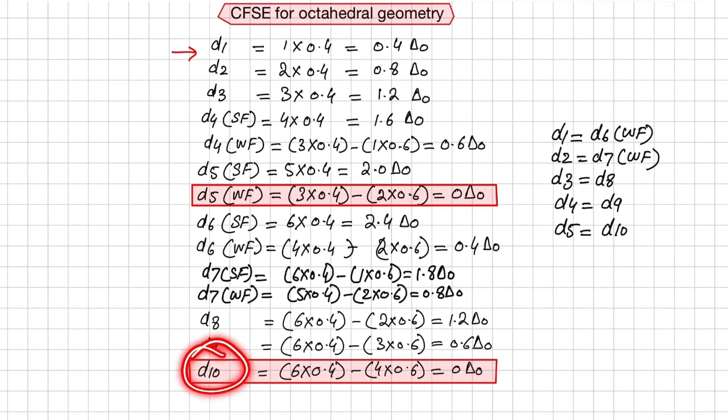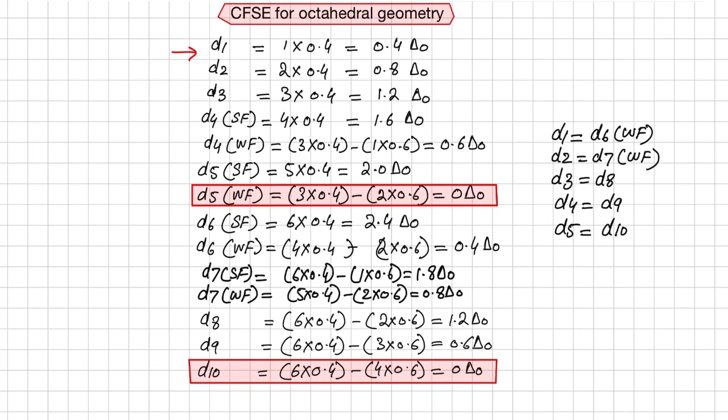This 0 is because the D10 system means the element has already completed its shell. It doesn't need any further electrons to gain stability or to attain the next noble gas configuration. So the D10 system will also not make complexes, and if they somehow try to make complexes, those complexes will be the least stable, as the CFSE value is 0, just like that of D5.